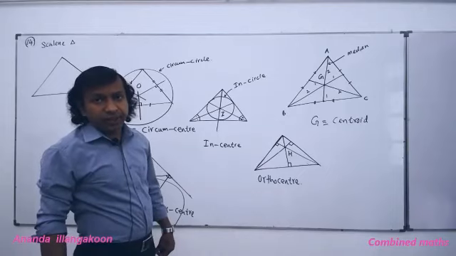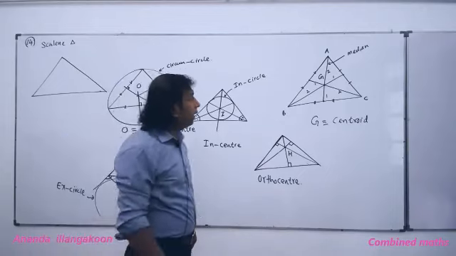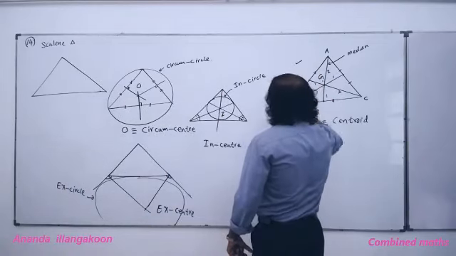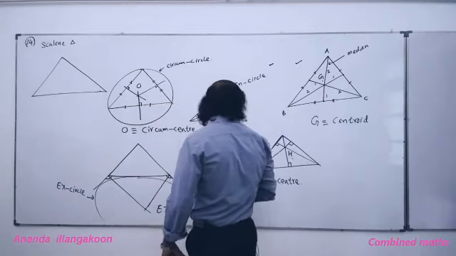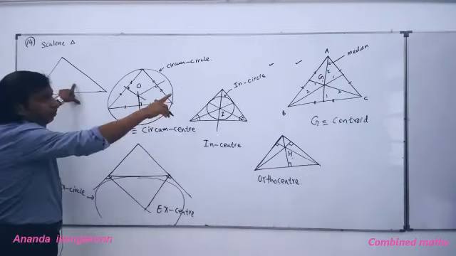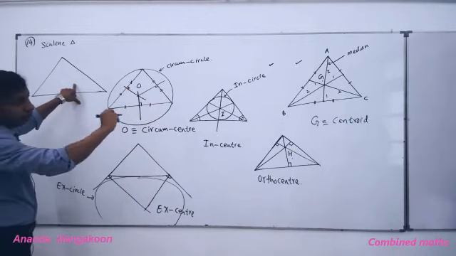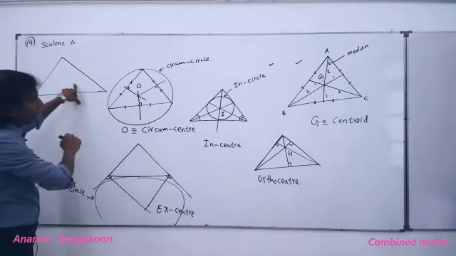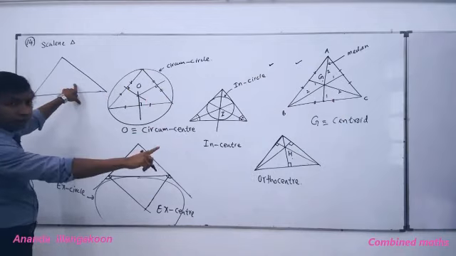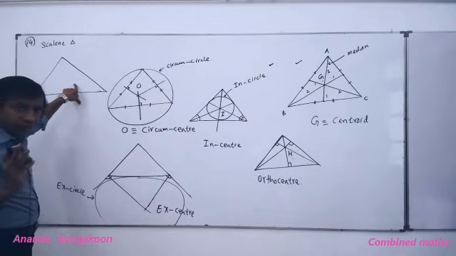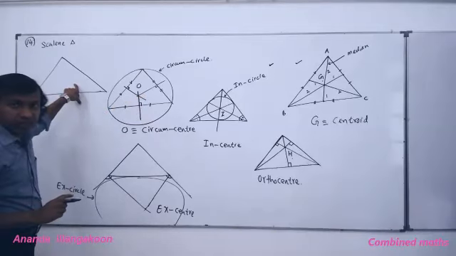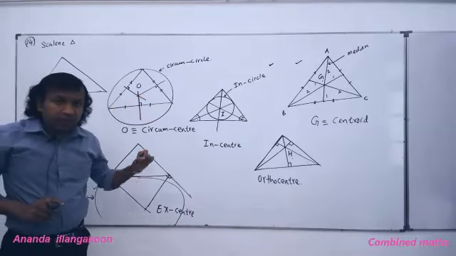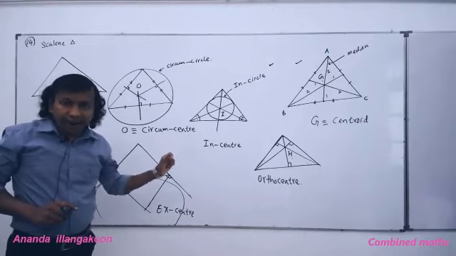Taking a scalene triangle, I can construct for that triangle the 3 centers: centroid G, circumcenter O, and orthocenter H. All 3 centers we can find by constructing that way. By the constructions, we can locate the 3 points G, O, and H.